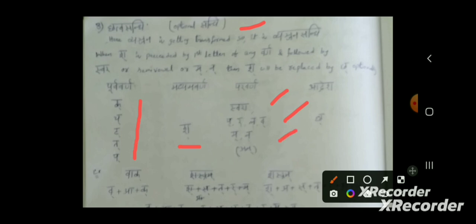So the following letter should be a letter from Maheshwara Sutrani. The replacement will happen on the middle letter. This middle letter will be replaced by chakara.